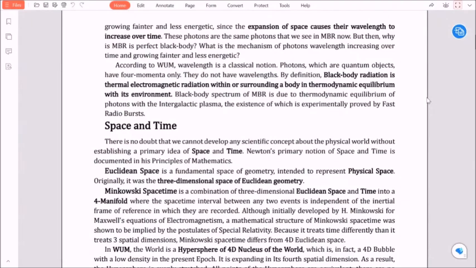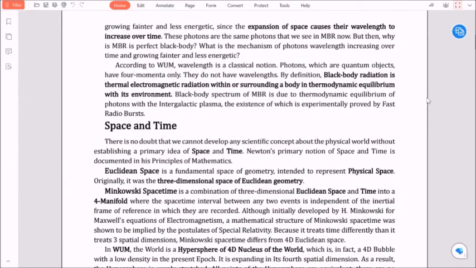Minkowski space is a combination of three-dimensional Euclidean space and time into a four-manifold where the space-time interval between any two events is independent of the inertial frame of reference in which they are recorded.